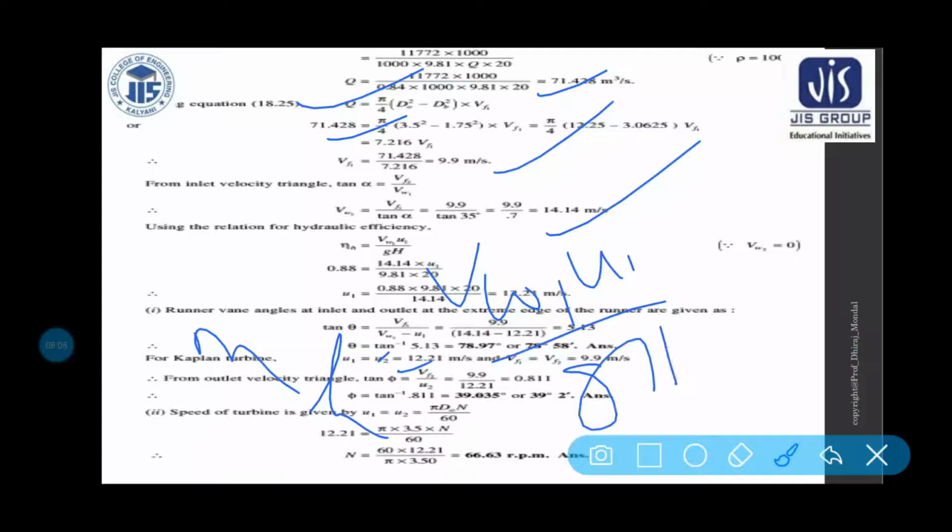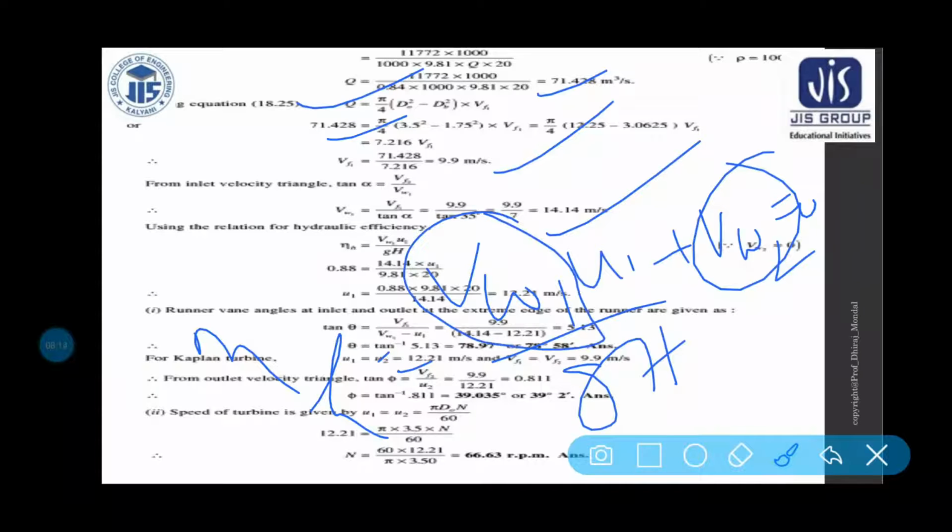Now hydraulic efficiency is equal to Vw1 u1 by gH. Why have I written this? Because Vw2 is equal to 0, so that part will be 0. Now Vw1 you know, H you know, hydraulic efficiency you know. Can I find out u1?